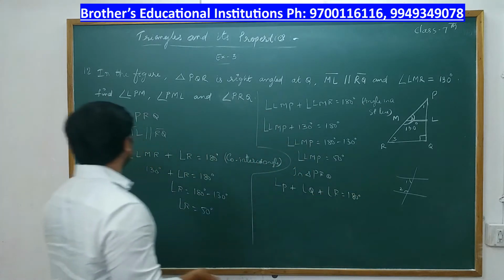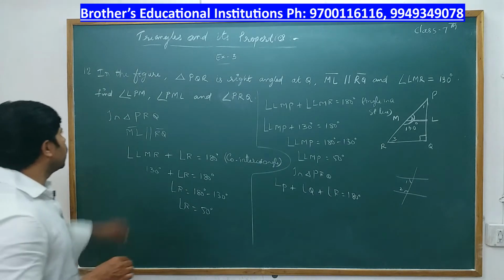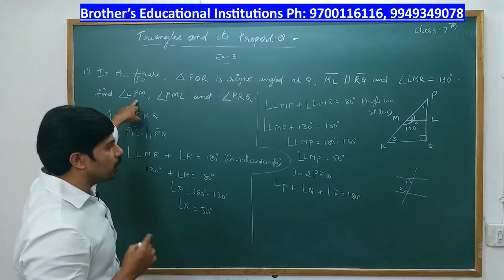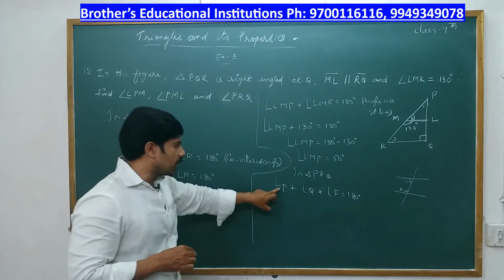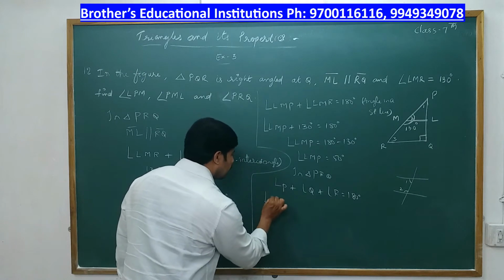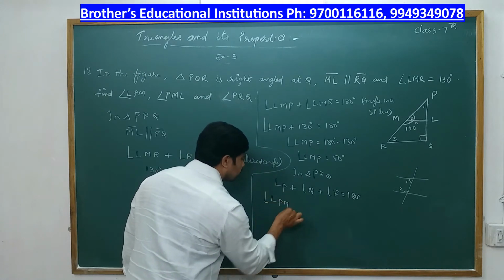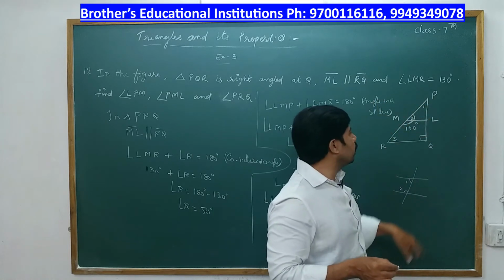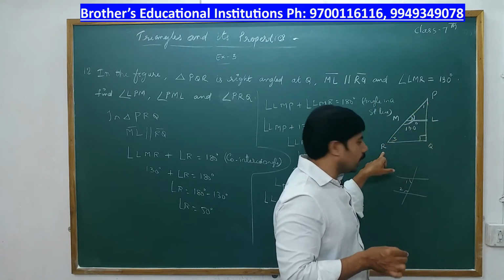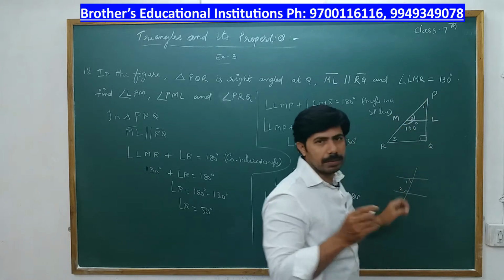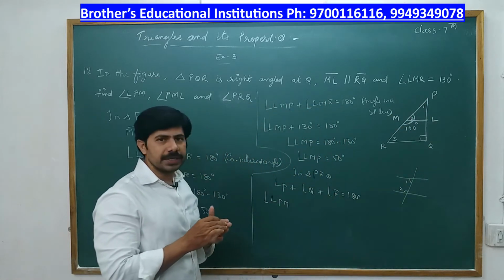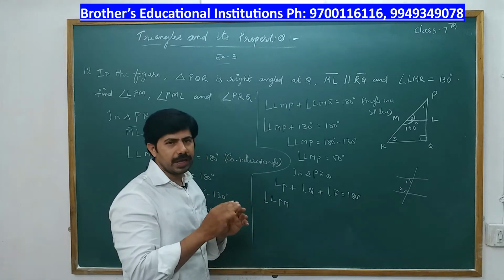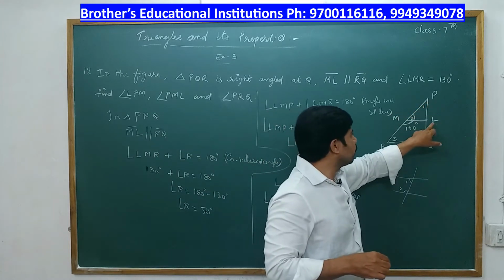First we need angle LPM, so angle P can be written as LPM, or QPR, or RPQ. The important point is if you are representing angle P, the P should be in the middle and the remaining two can vary. So we are finding angle LPM.